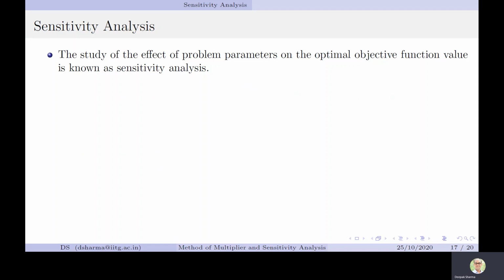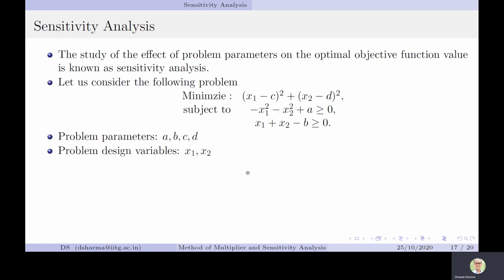The study of the effect of the problem parameters on the optimal objective function value is known as sensitivity analysis. As we have already gone through the difference between parameter and decision variable, just to understand one more time in the context of constraint optimization, suppose we want to minimize this quadratic function subjected to two constraints.